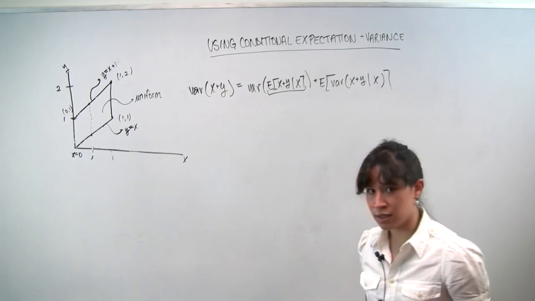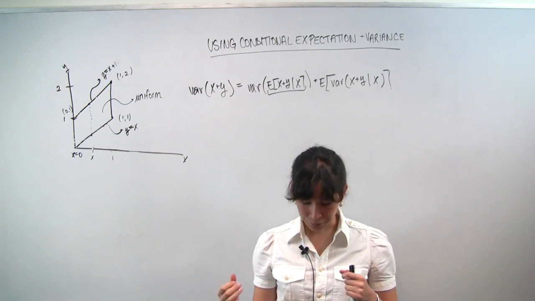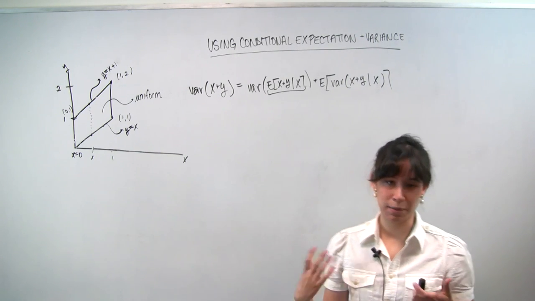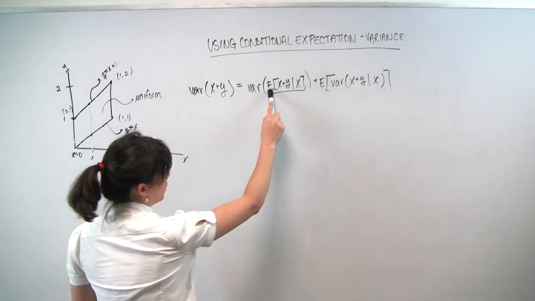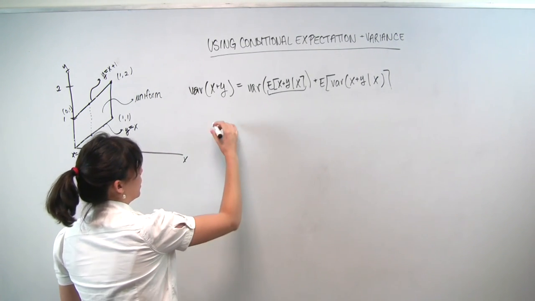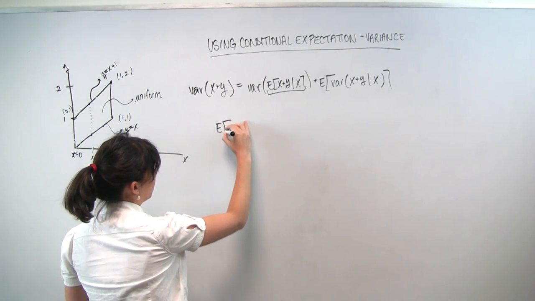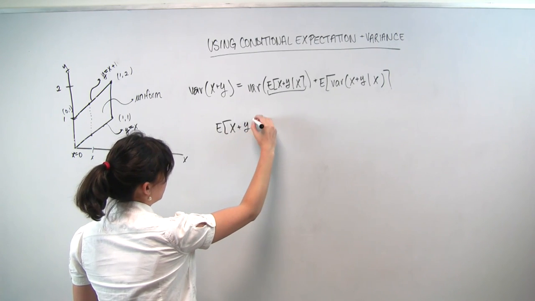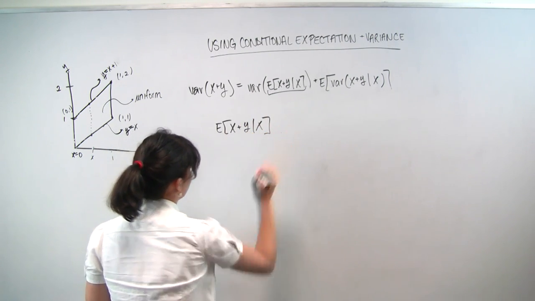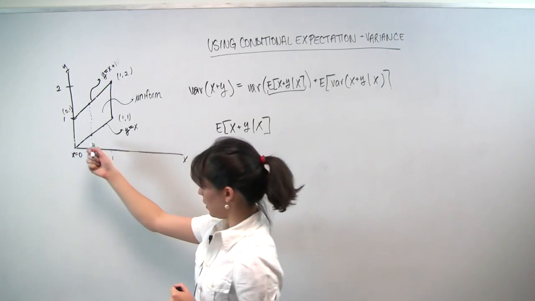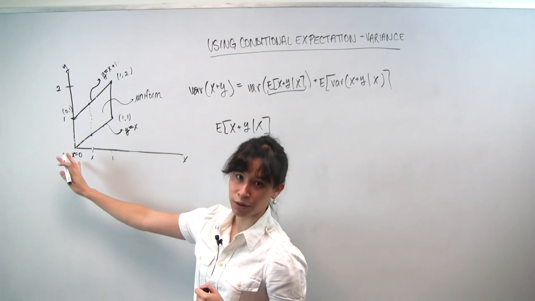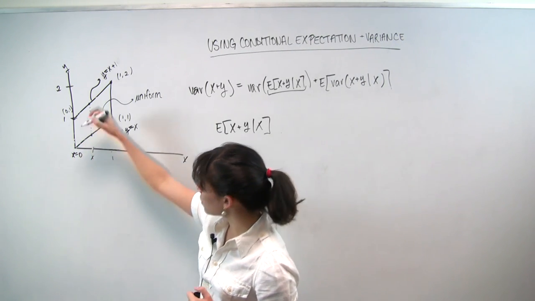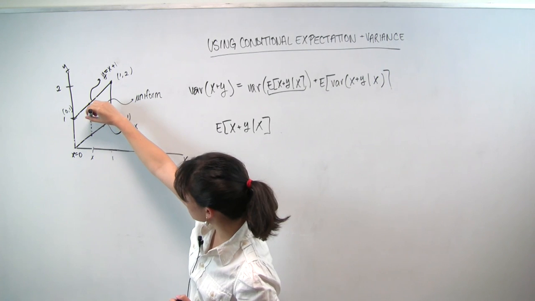So this formula can seem quite intimidating because we have nested variances and expectations going on, but we'll just take it slowly step by step. First I want to focus on this term, the conditional expectation of x plus y, conditioned on x. Coming back over to this picture, if you fix an arbitrary x in the interval 0 to 1, we're restricting ourselves to this universe.